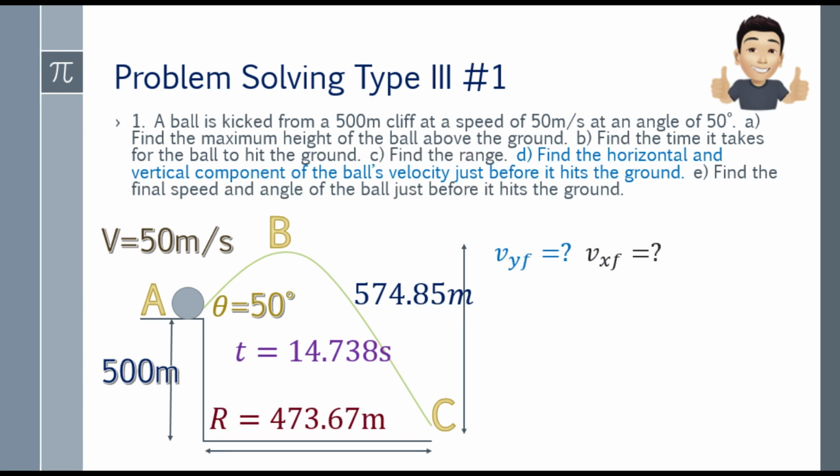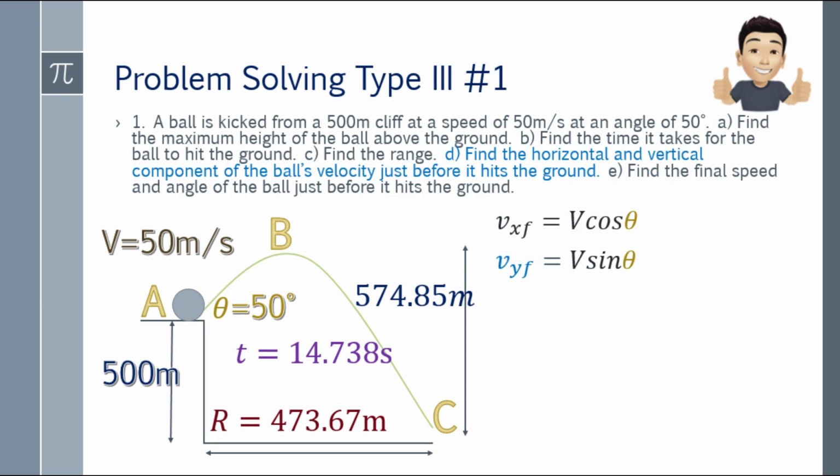Alright, so two to go. Find the horizontal and vertical component of the ball's velocity just before it hits the ground. So we're looking for VYF and for VXF. Remember in vectors, to find the horizontal component, you just get V cosine theta.